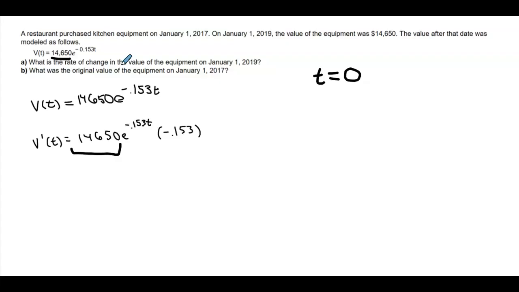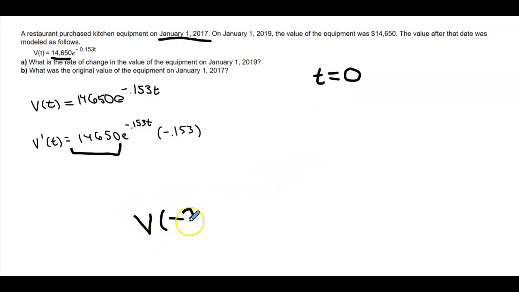So the way to get this, there are perhaps a couple of things you could do. I think probably the most straightforward is, if I'm looking to get the value in January 1st, 2017, that's 2 years prior to t equals 0. Well, I can just plug in t equals -2. That's probably the smartest way to do it.